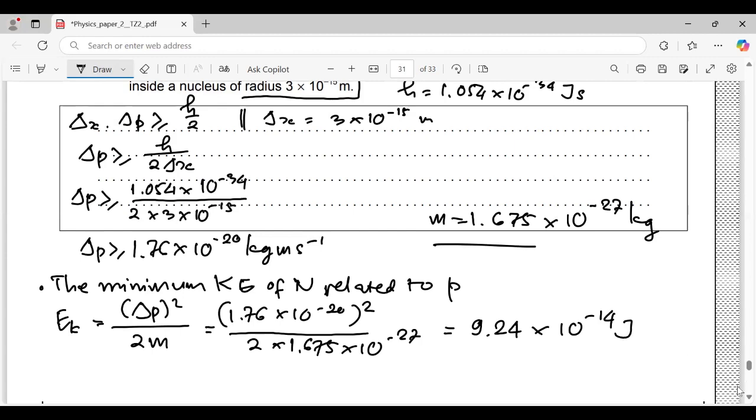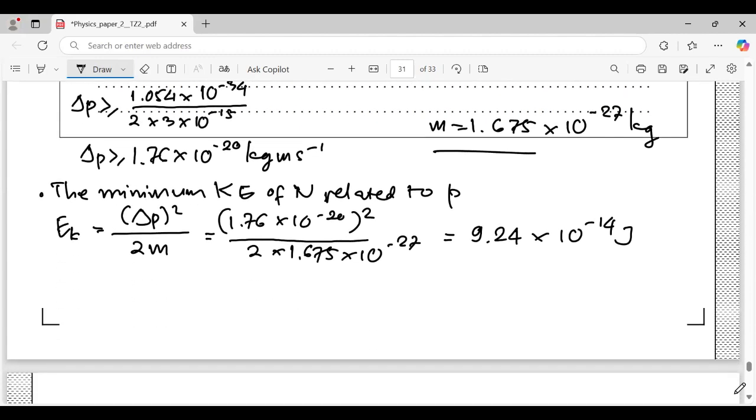Now we are going to convert to electron volt. 1 joule is 6.242 times 10 power 18 electron volt.